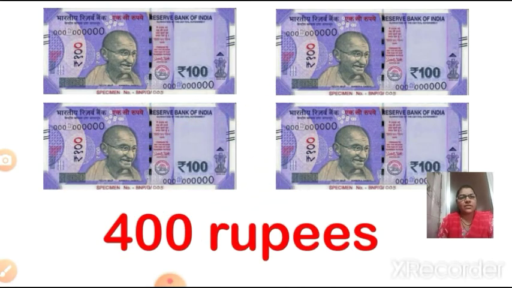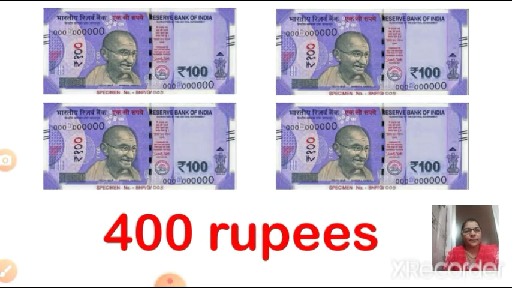Now children, just pay attention here and see. We have 100 rupees notes. Now you have to add all the notes and tell me how many rupees we have altogether. So you can add, or you can multiply 100 into 4.